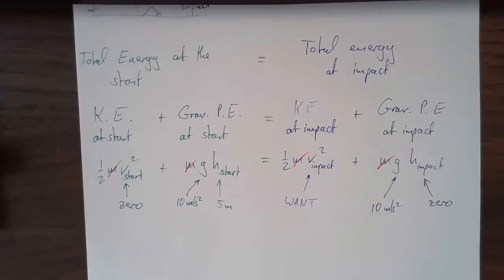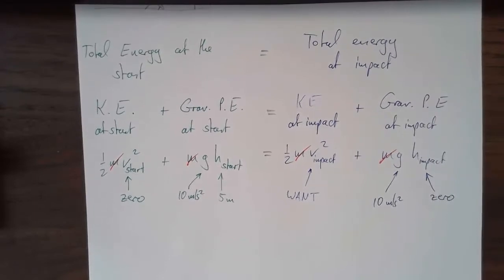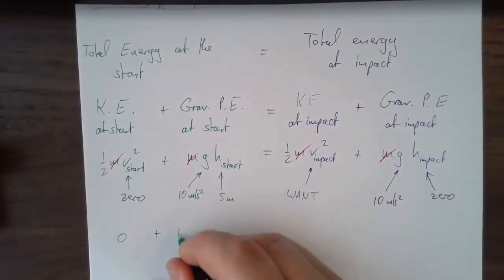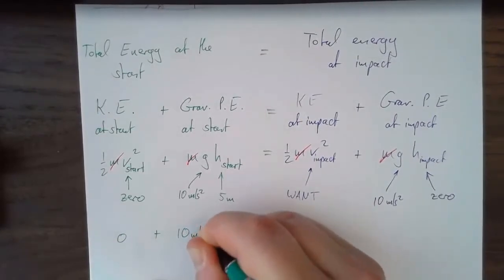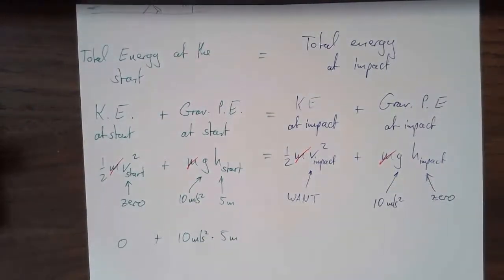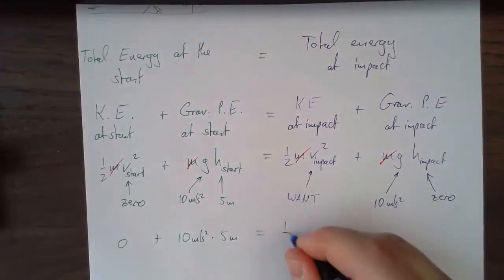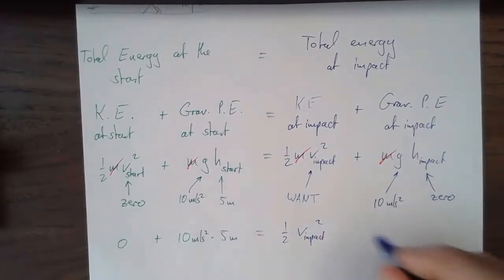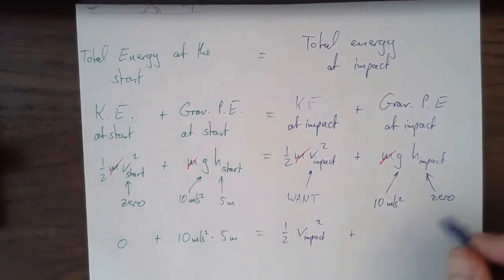So now I can solve it, fairly straightforwardly. I have that 0, because a half times 0 squared is 0, plus 10 meters per second squared times 5 meters, that is equal to, well, 1/2 times the unknown speed squared plus 10 times 0, that's just 0.